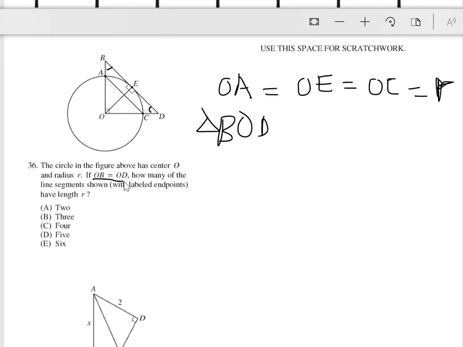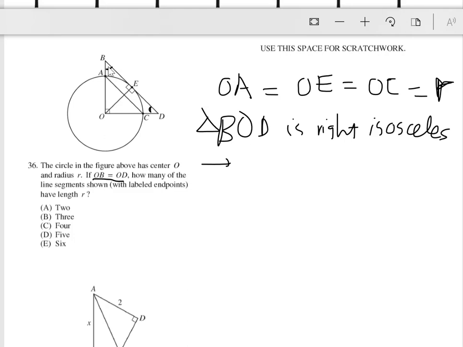Because like the question said, OB is equal to OD, so it's an isosceles triangle, but it's a right isosceles triangle because it has a right angle at the vertex O. Because it's isosceles, angle B is equal to angle D, and B and D add up to a right angle.